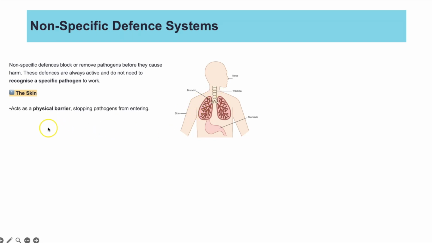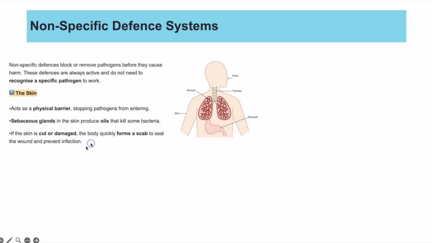The skin is a physical barrier that stops the pathogens from entering. The skin also has sebaceous glands within it, which produces oils, and some of those oils are able to kill bacteria. If you get a cut in your skin, then you will quickly form a blood clot and then a scab, and that is to prevent your barrier, the skin physical barrier, from having any holes in, which could then enable a pathogen to enter.